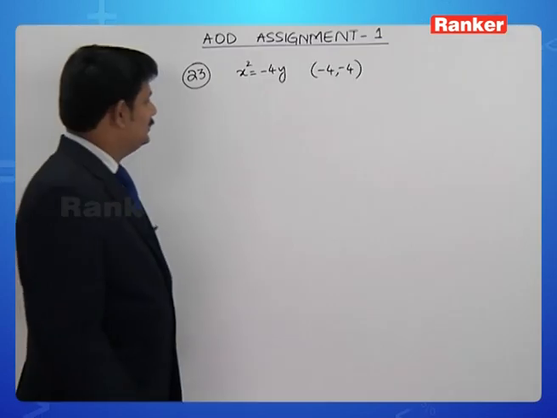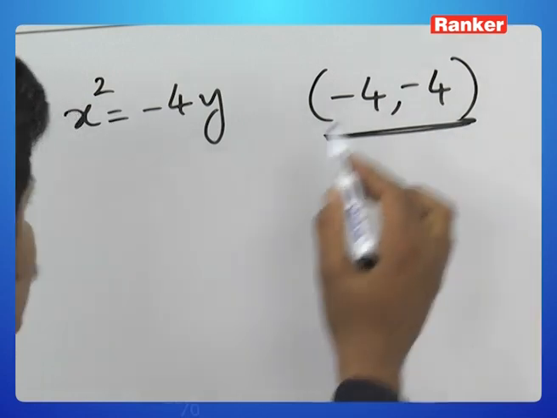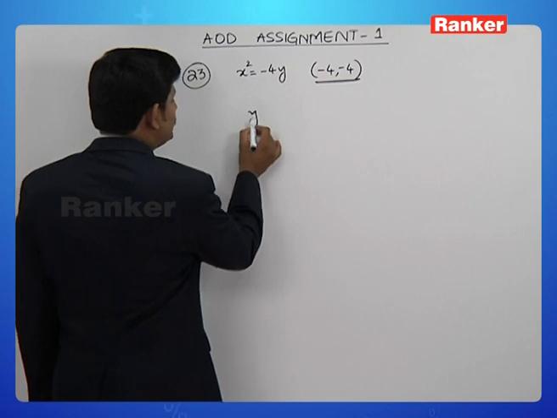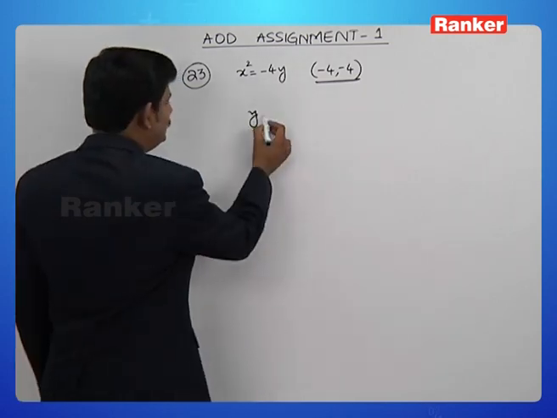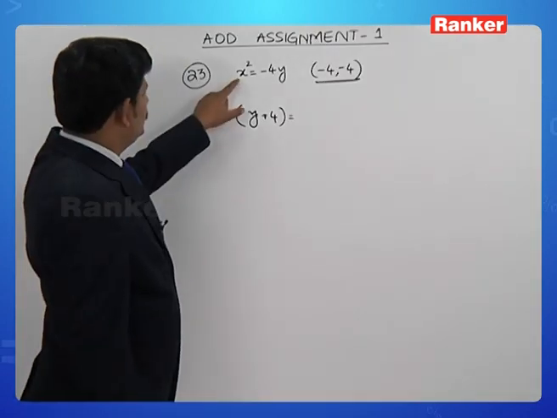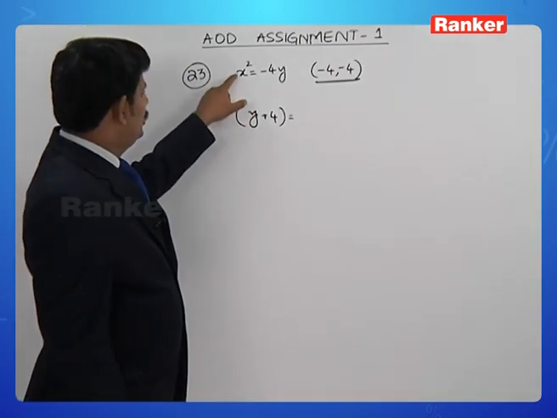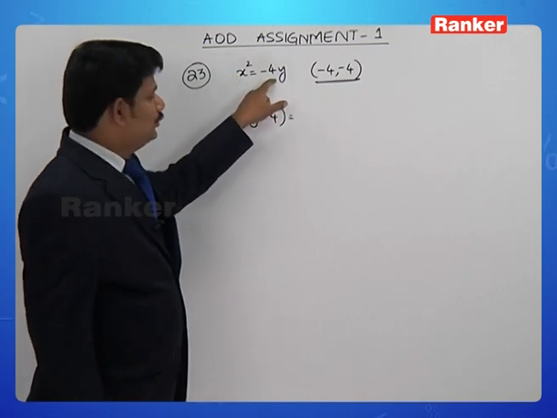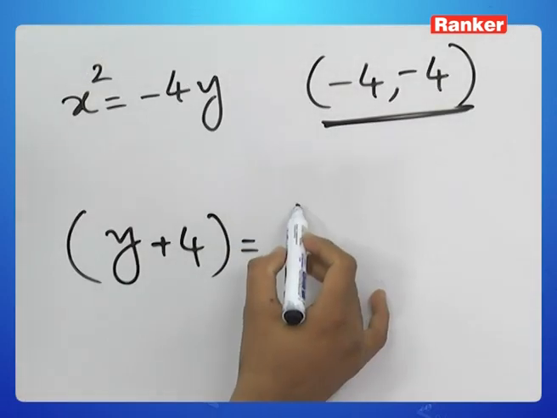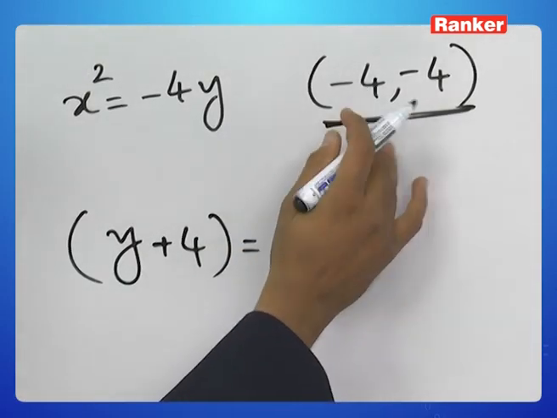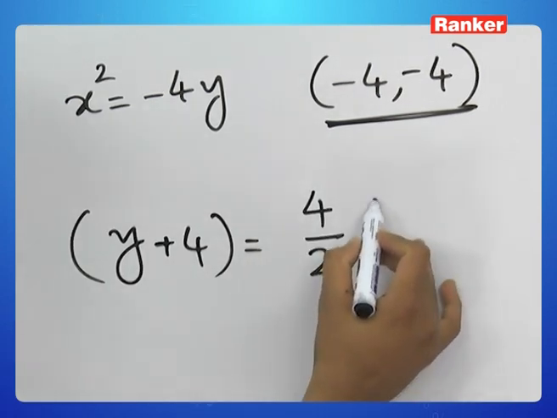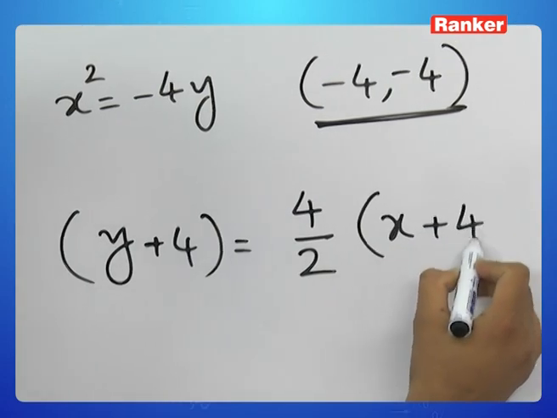We are asked to find the tangent at the point (minus 4, minus 4) on the curve x square is equal to minus 4y. Equation of tangent is y minus y1, that is y plus 4, is equal to m into (x minus x1), where m is the slope of the tangent. Differentiate the curve: 2x is equal to minus 4 dy by dx, or dy by dx is equal to minus x by 2. x is minus 4, so minus x is 4, by 2, that makes it 2. So, y plus 4 is equal to 2 into (x plus 4).